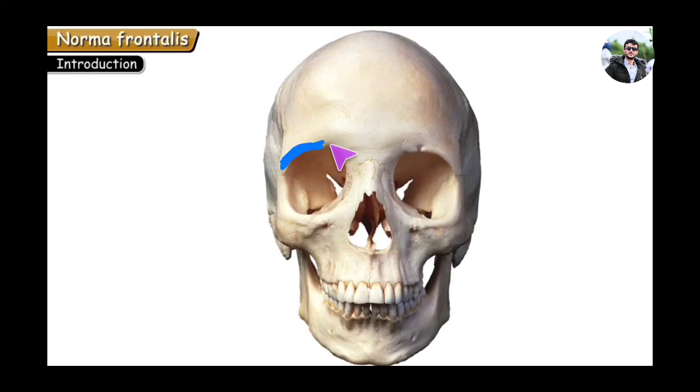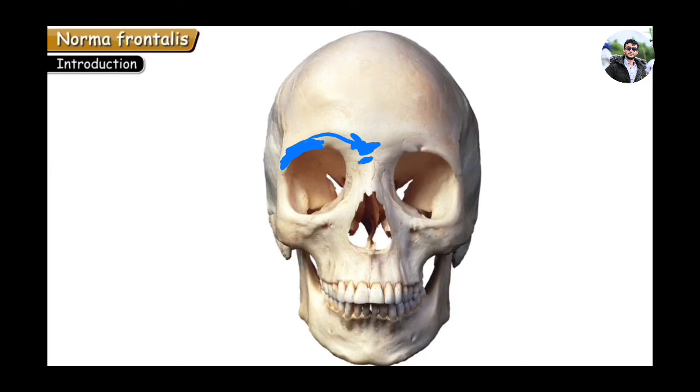If you go upward to this point, you will find a projection in the frontal bone called the glabella. The glabella is defined as the median elevation between the two superciliary arches, and it forms the root of the nose.